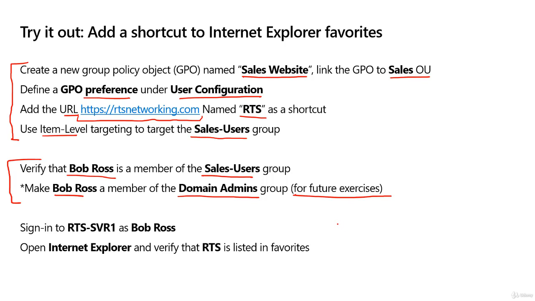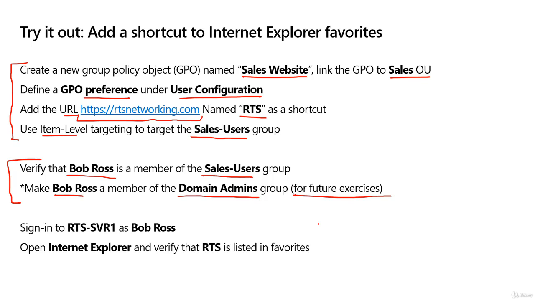And the other, you cannot log into a server with just a standard user account. So Bob, to log into our RTS Serve 1, where we're going to have these settings apply, Bob has to be a member of one of these privileged groups. So we're just going to use domain admins for that.